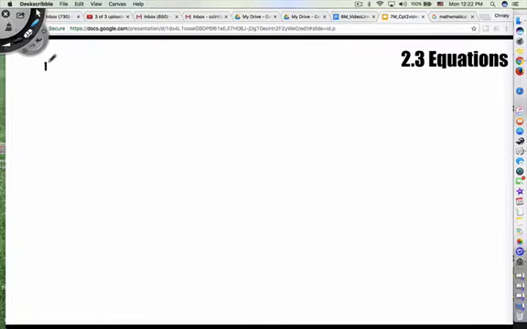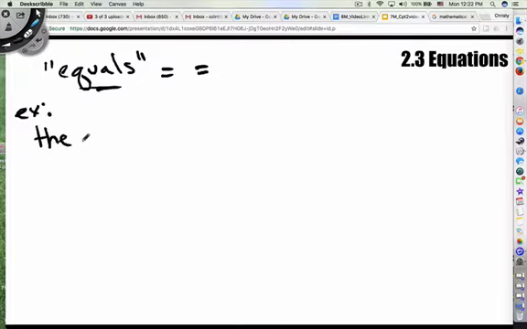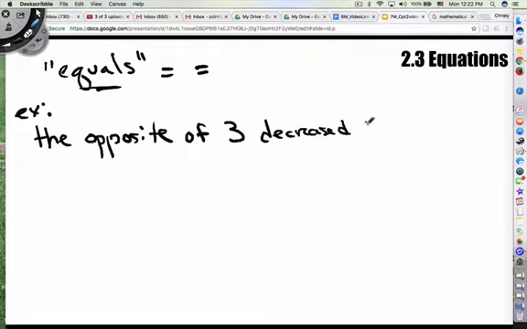The term equals, or is the same as, will help us remember that it's an equal sign. Is equal to an equal sign, that's funny. So we can go ahead and do an example. The opposite of 3 decreased by negative 10 is 7.